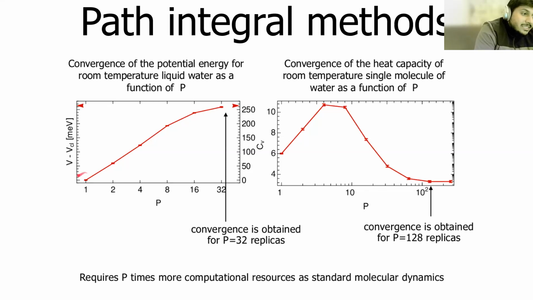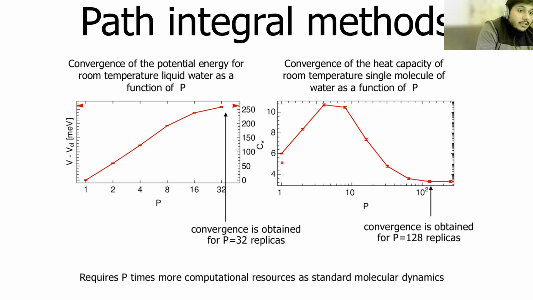P equal to 1 basically means ab initio MD. By the time you get to P equal to 32, which is that you simulate 32 replicas, you can start seeing that it actually converges to something, and that something should be the quantum limit. What this really means is that instead of computing one total energy and force, you need to compute 32 potential energies and forces, right?